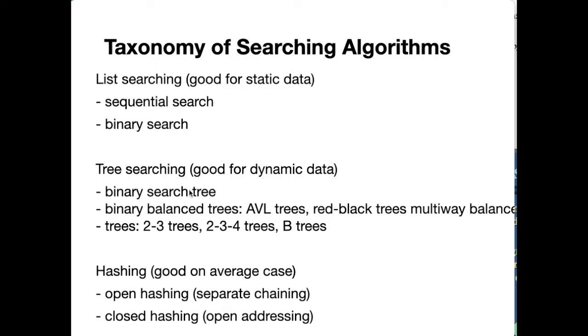For dynamic data, that is, from time to time, laging may mga changes yung sequence natin, then tree searching is better to use. So yung succeeding slides ko, I will discuss about binary search trees and yung isang example ng isang binary balanced tree, which is yung mga AVL trees.